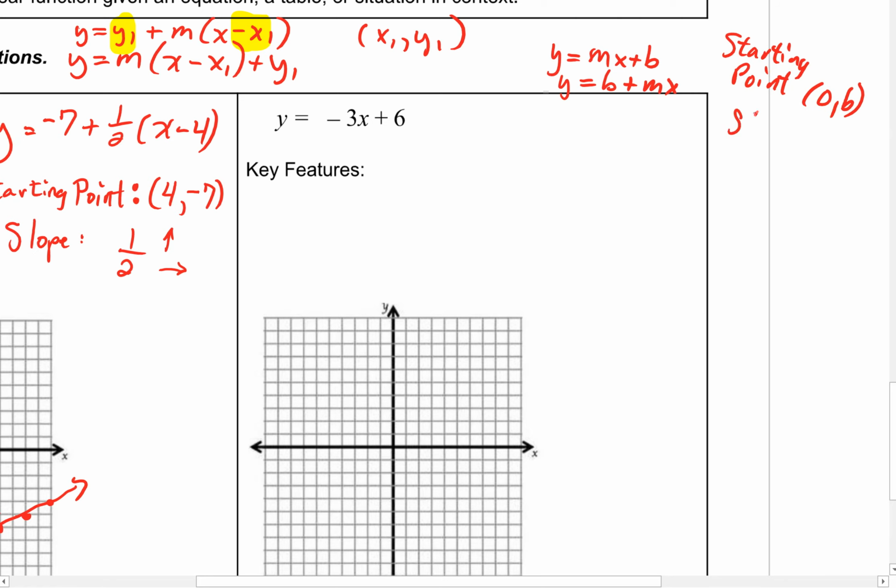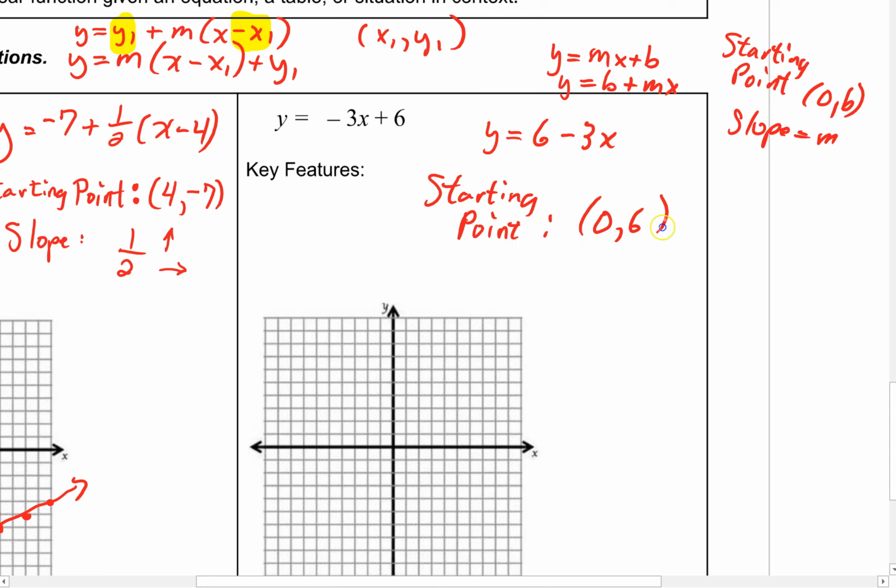And of course, our slope is just going to be m. So, as we're looking here, y equals negative 3x plus 6, whether you want to write that in this other form, it really doesn't matter. I hope you can see quickly that your starting point is going to be the point 0 comma 6.